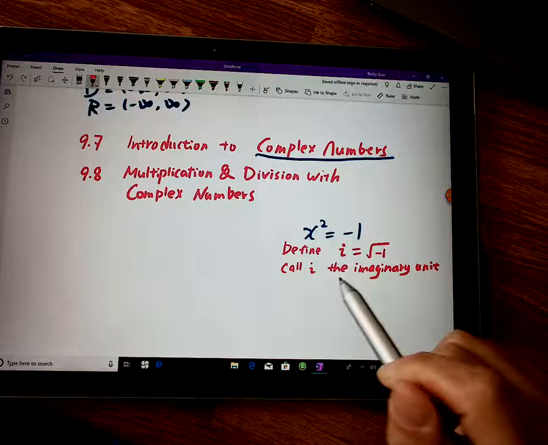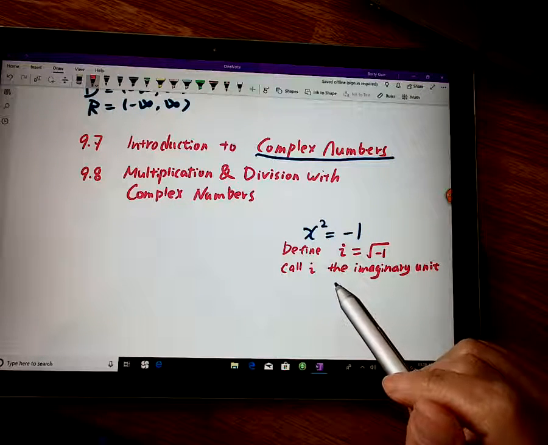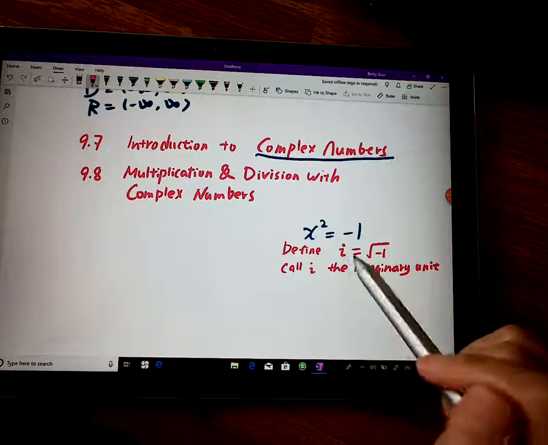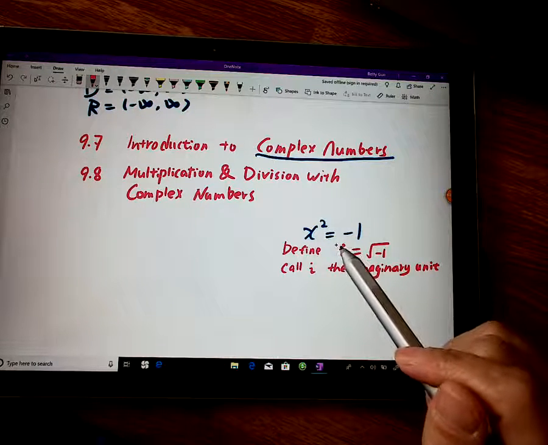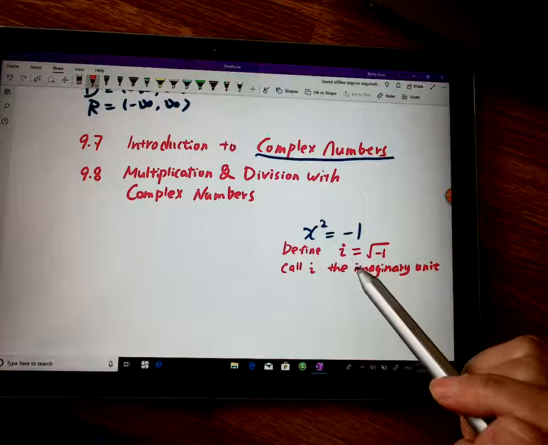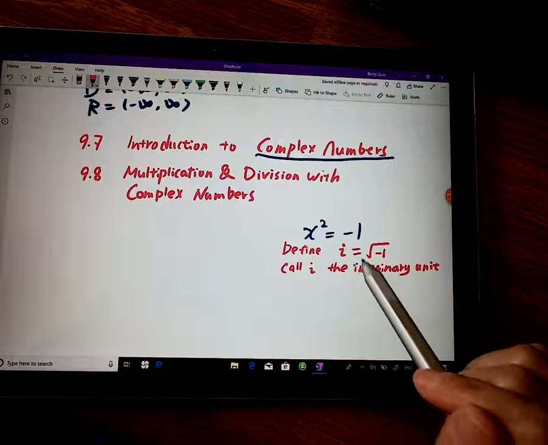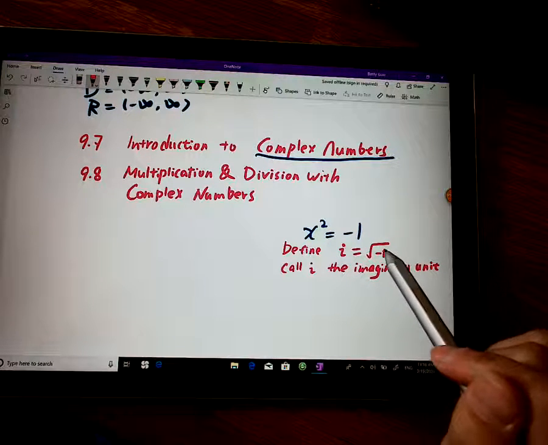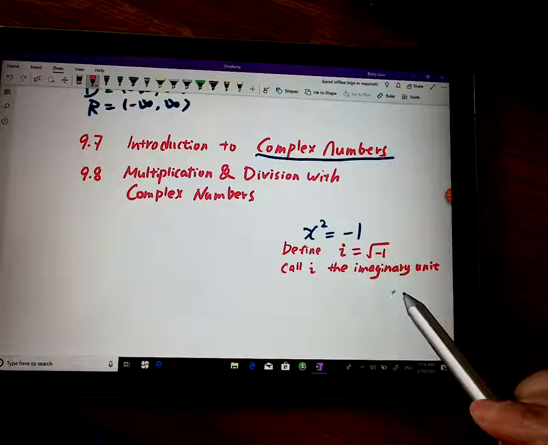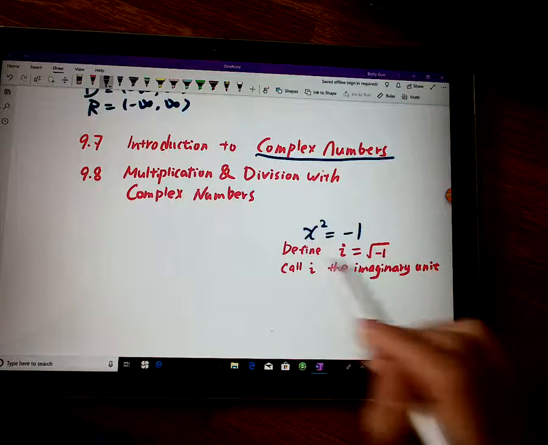Again, this is the definition. Remember, when it comes to definitions, we don't ask why. We want to solve this equation, but it has no solution in the real number set, so we bring in more stuff to expand the number system. The mathematicians define the principal square root of -1 as i, and name i the imaginary unit. By doing so, we are able to solve this equation.